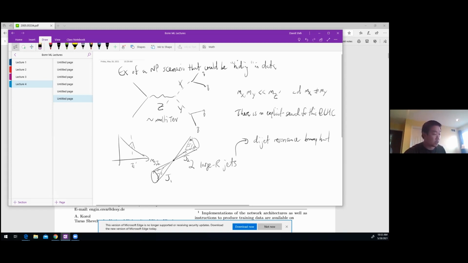However, this dijet resonance bump hunt would not be very sensitive to this. There's a lot more structure going on, like the mass of the X, the mass of the Y, the two-pronged substructure, et cetera.